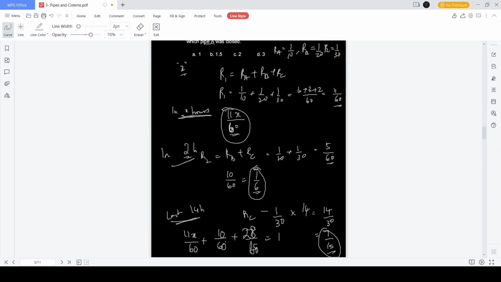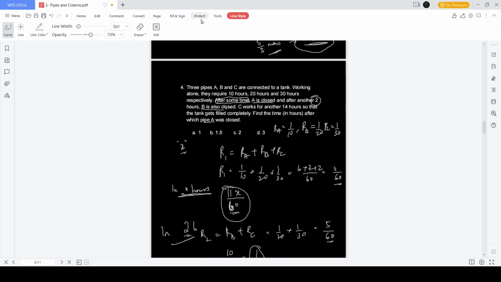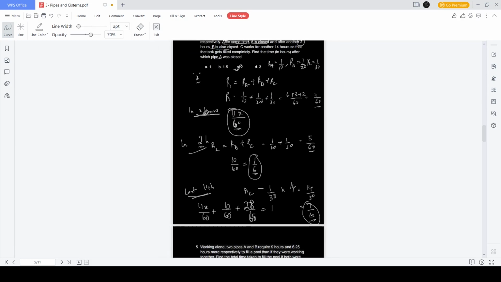So I get 11x plus 38 equal to 60, which implies that 11x equals 22, x equals 2. So after 2 hours A was closed, after 2 more hours B was closed, and then for 14 hours C worked.